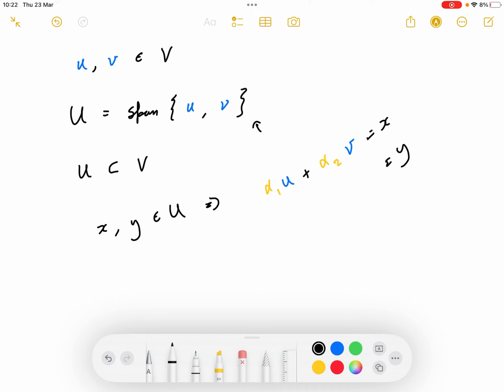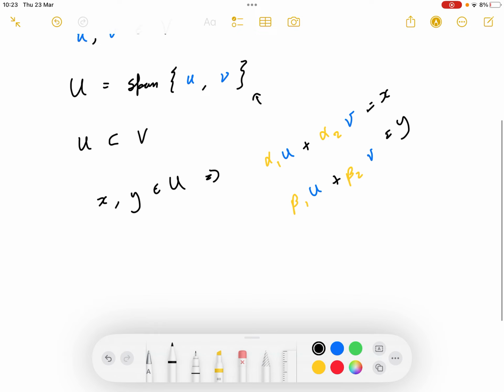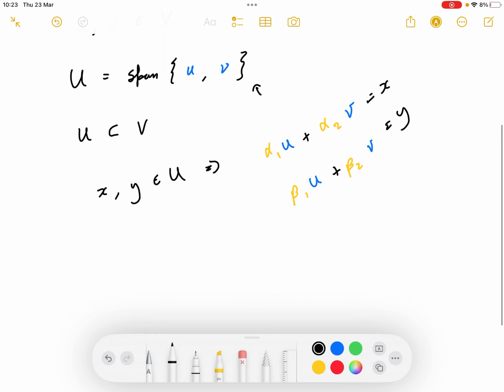And we can do betas for Y: beta 1 U plus beta 2 V. And so we want to show that the sum X plus Y is in U, and X times some number is also in U.